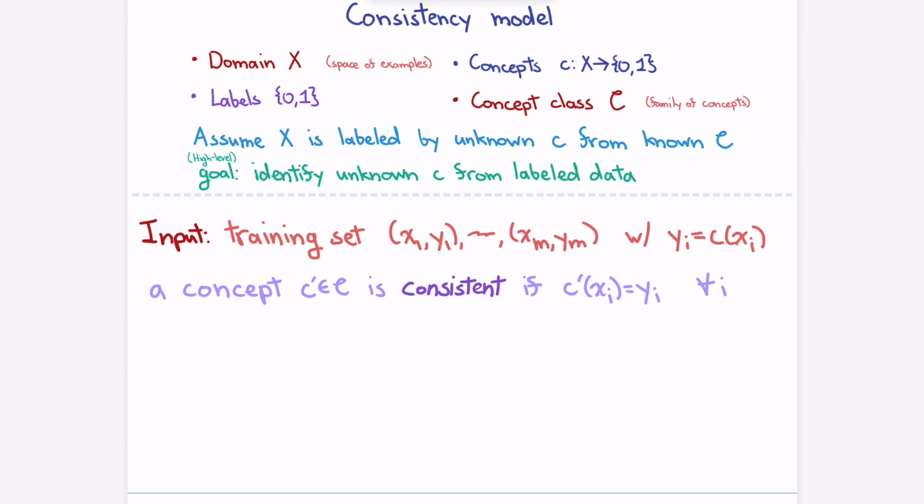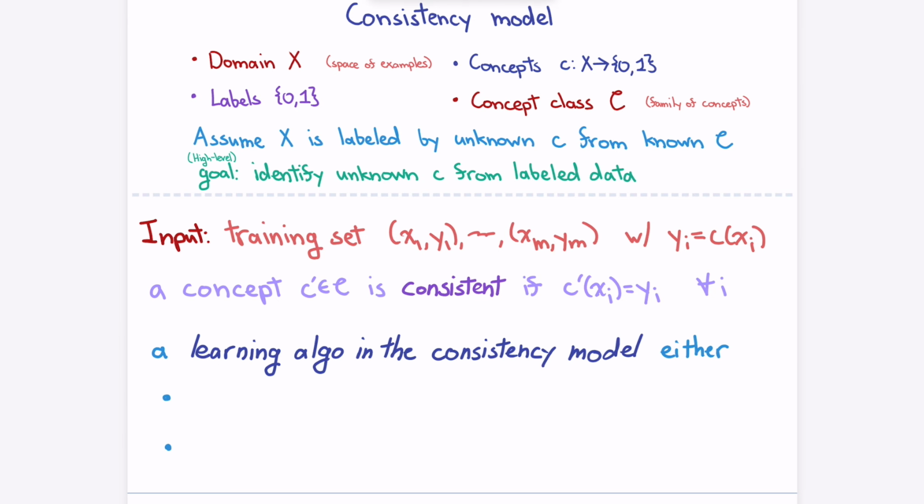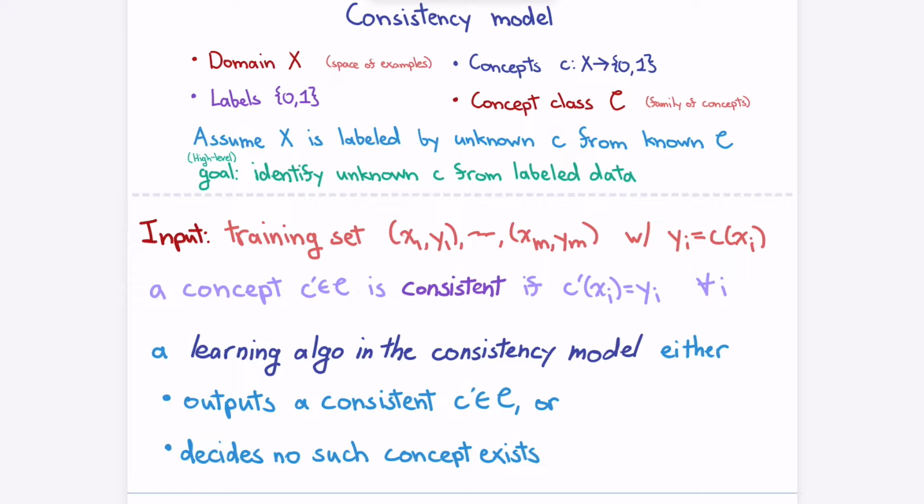So a learning algorithm in this consistency model is either going to output a consistent concept or declare that no such concept exists. So this is really like a search problem through a space of concepts. You have some data and you want a concept that fits. Depending on the concept class, it's almost like a data structure or retrieval-ish looking problem, a geometry problem.